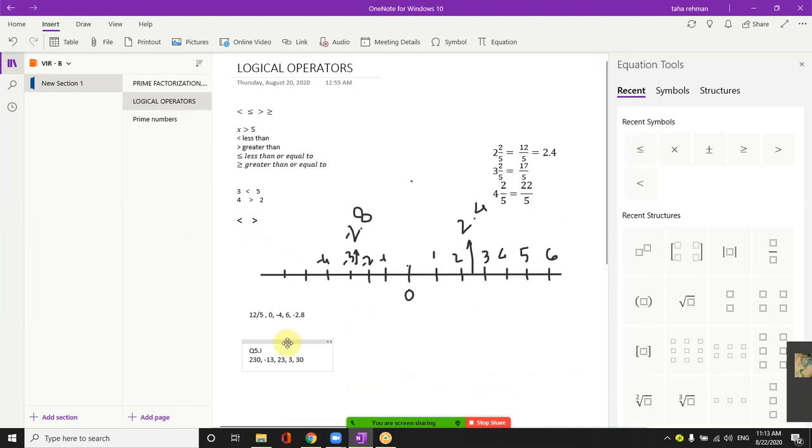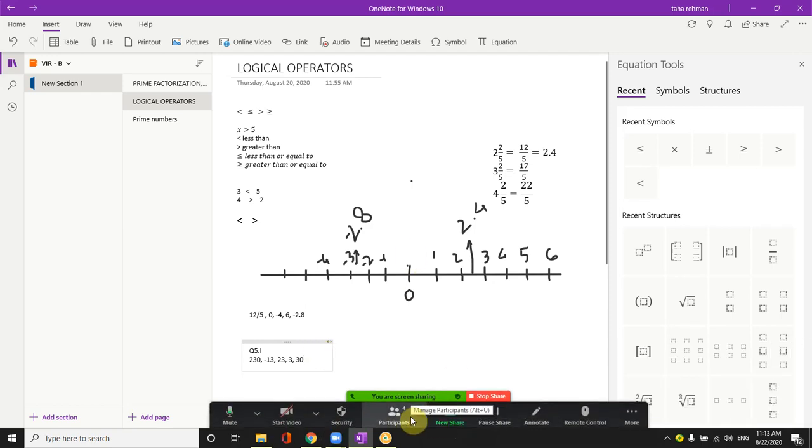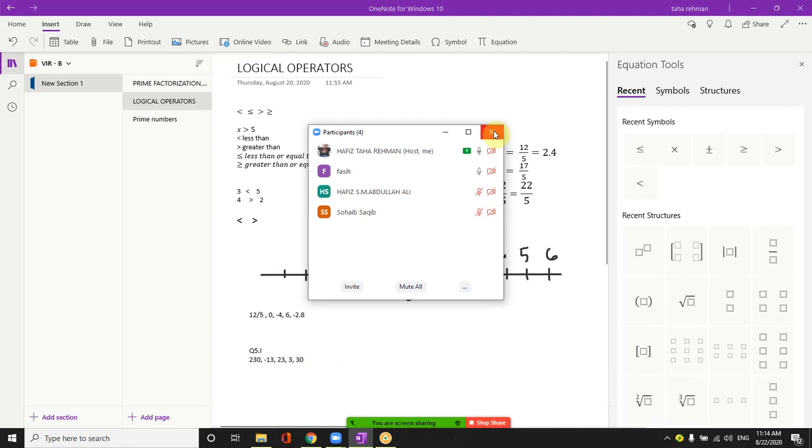So this is the question written on the OneNote. I believe that all of you can see the question clearly. Fasi, Abdullah Ali, and everyone in the class can see this question clearly, beta.